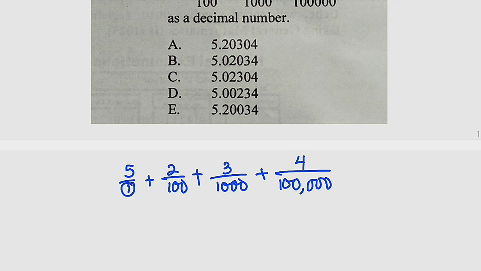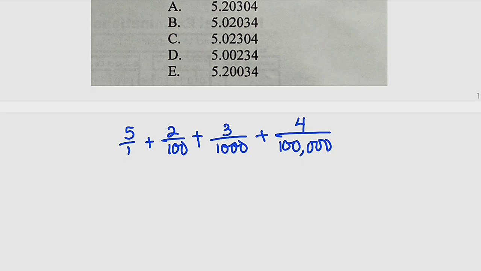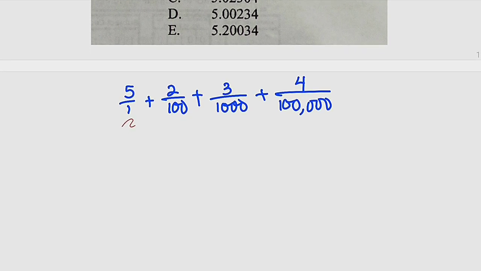So to make this 100,000, you have to multiply it by 100,000. And also for equivalency, you have to multiply the top number by the same 100,000. So 5 times 100,000 is 500,000. Then 1 times 100,000 is 100,000. Plus, to convert this into 100,000, you have to multiply by 1,000.